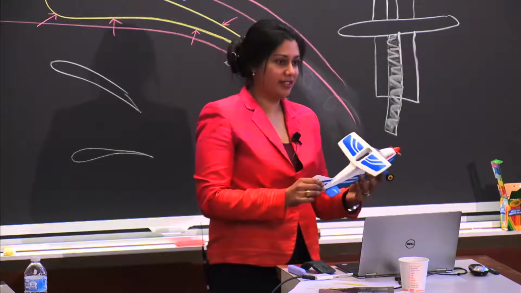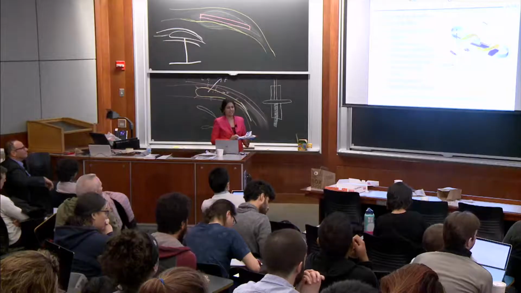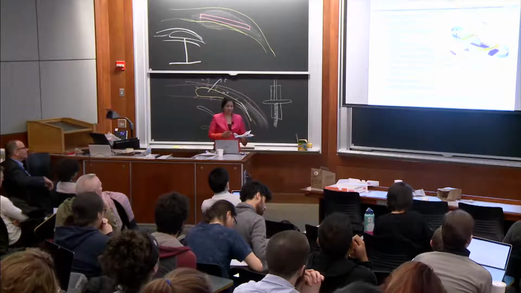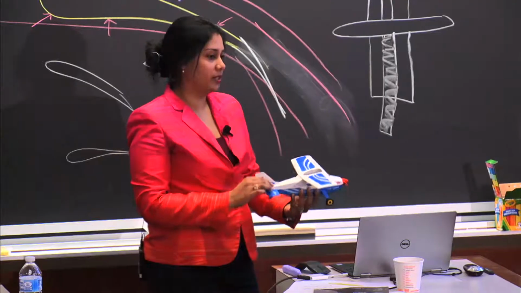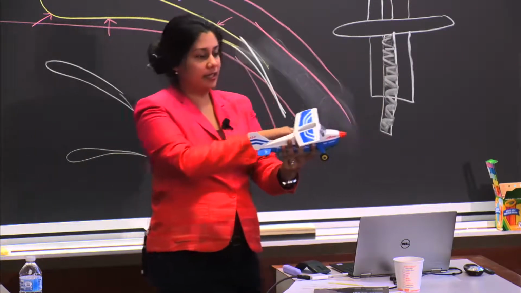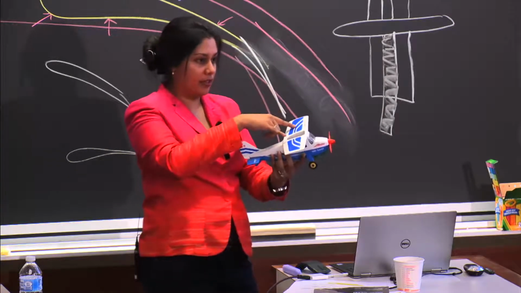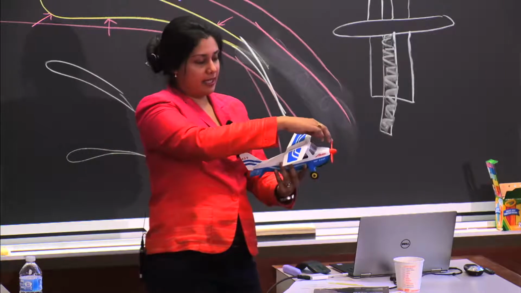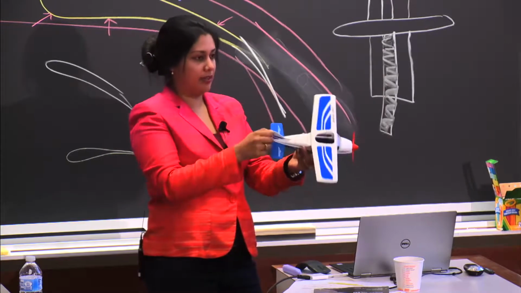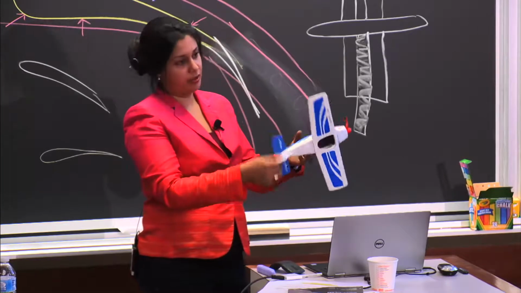Some good head nods. Yes? Why doesn't it also cause it to roll? Why doesn't it also cause it to roll was the question. And it could, especially if it's hitting the wing. But in general, and it can depend on whether you're in a high wing or low wing, the biggest thing that it hits is here. Now, in general, when you get a left yaw, you also kind of roll.